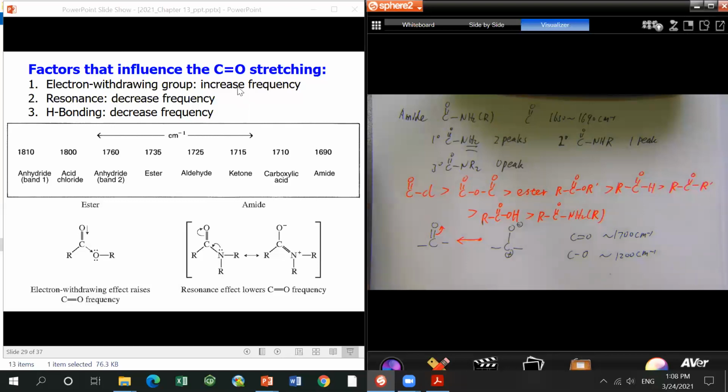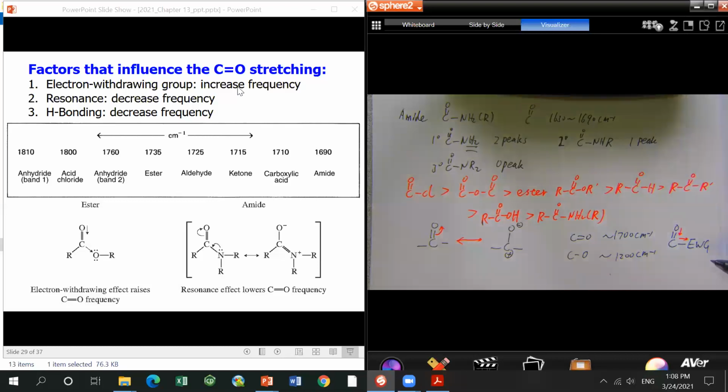That's actually not hard to understand. Just draw here. If you have an electron withdrawing group pulling electrons in this direction, pulling it down, then you have less C-O single bond character, and then you have a high frequency.